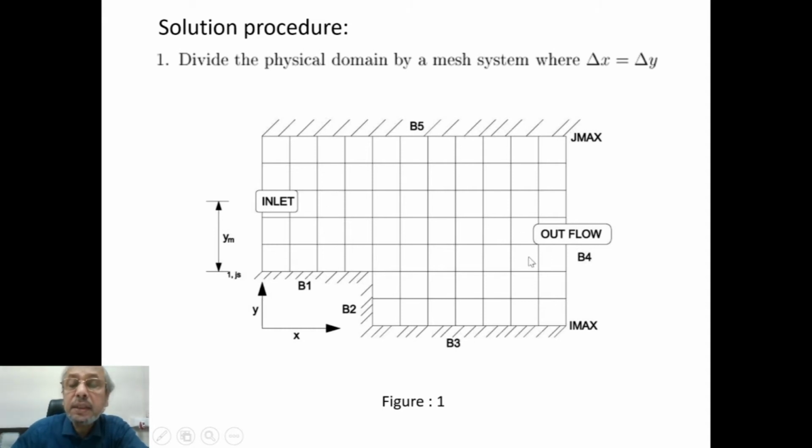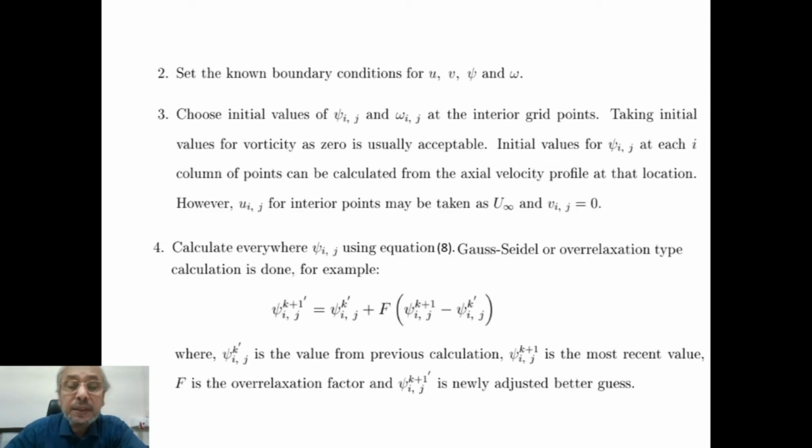We do that. Then we assign boundary conditions and check the distribution of psi, whether it is a plausible flow distribution, and then again we go for the next iteration.